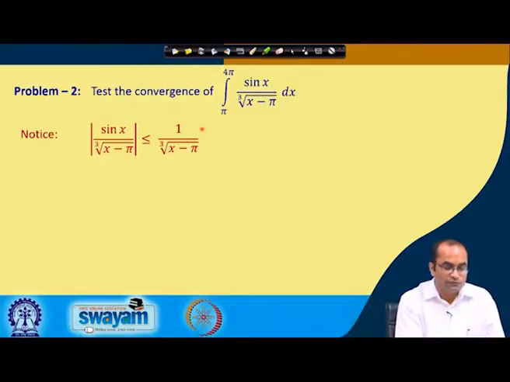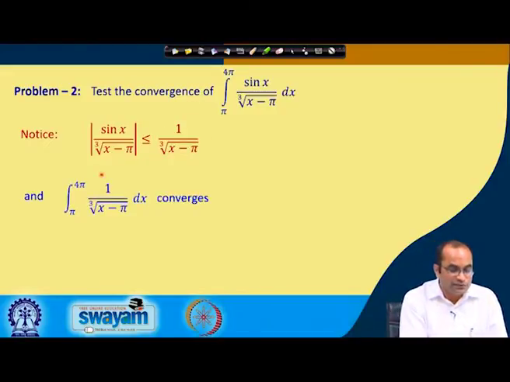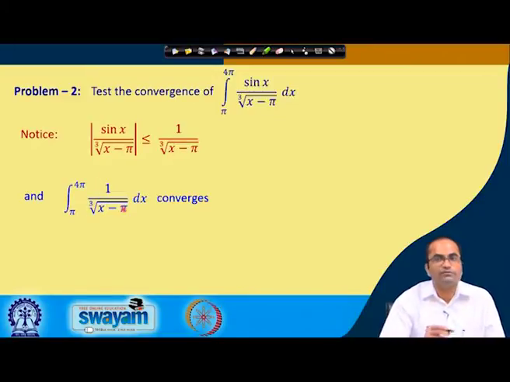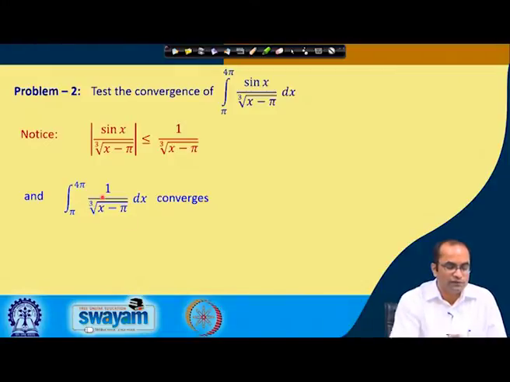We know from the test integrals how this integral behaves: the integral of 1 over the cube root of (x minus pi) dx converges because the power is 1 by 3, which is less than 1. So this integral converges for any power less than 1, and here we have the power 1 by 3.